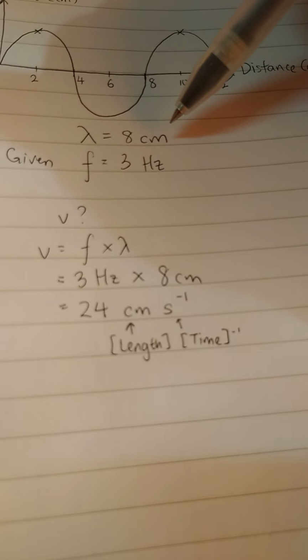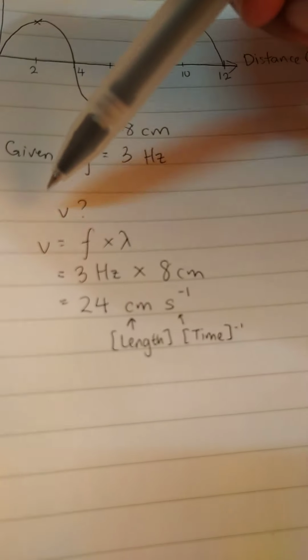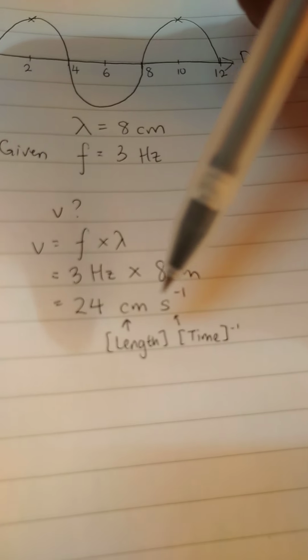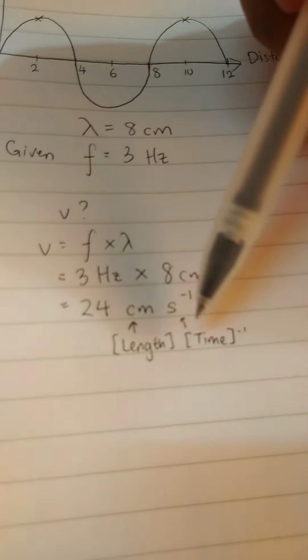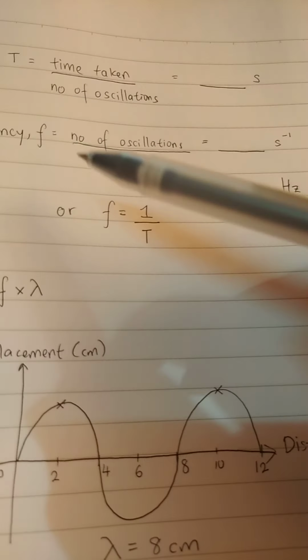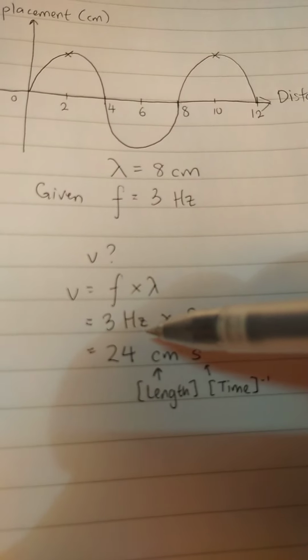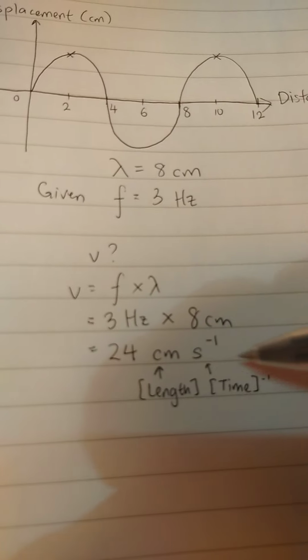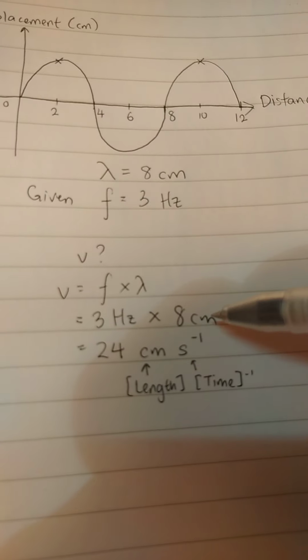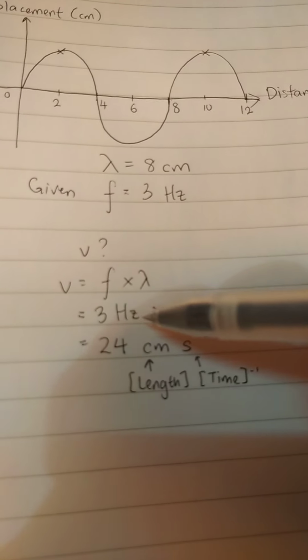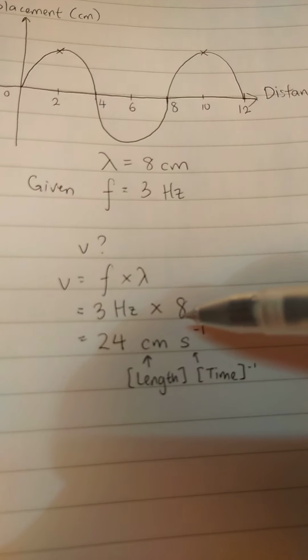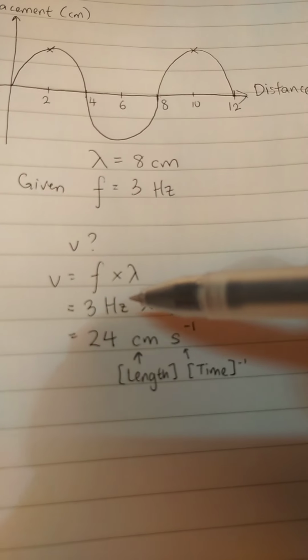But this is cm. So your wavelength and your speed is cm per second. Where did the per second come from? Remember I told you frequency is per second, or also known as hertz. So this hertz, if you change it back to per second, that's where you get the time unit. So it's always length per second. 3 times 8, 24 cm per second.